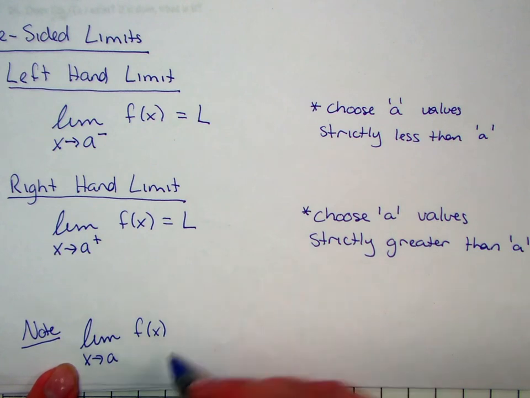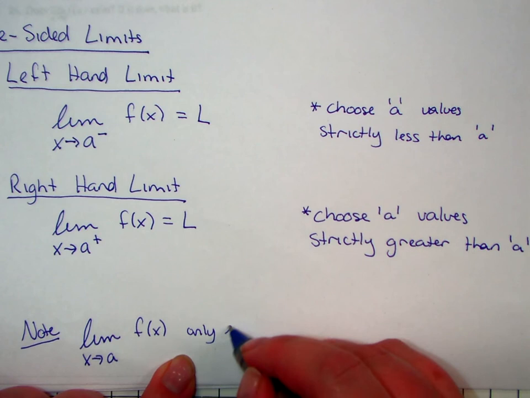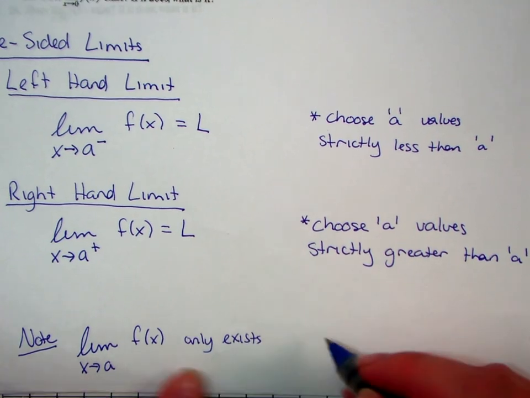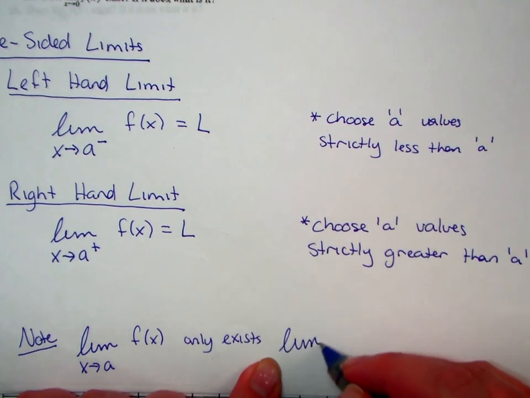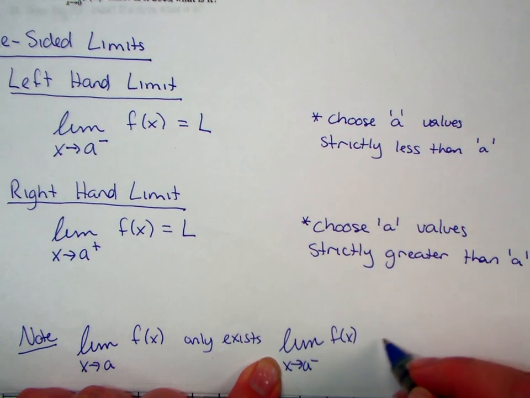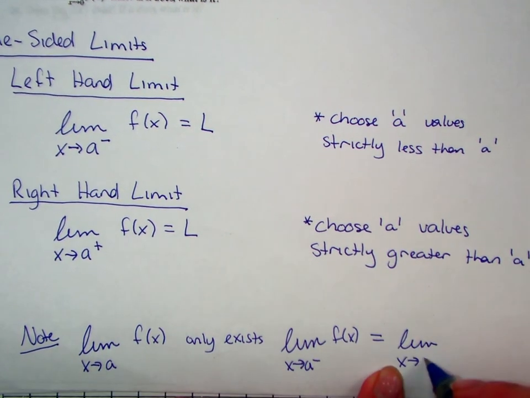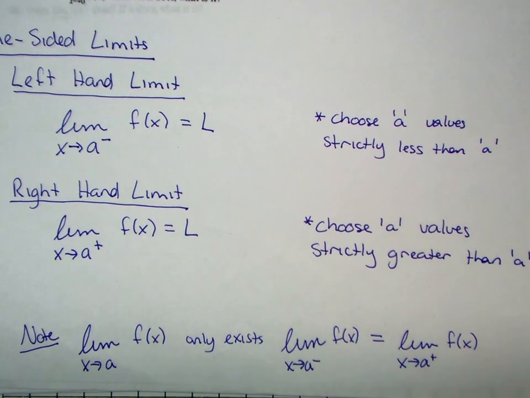So this limit only exists when the left-hand limit equals the right-hand limit. So we kind of were doing one-sided limits because you can only look at one side at a time, right? So now we just have a name for it.